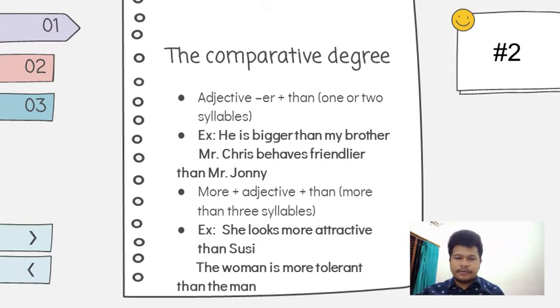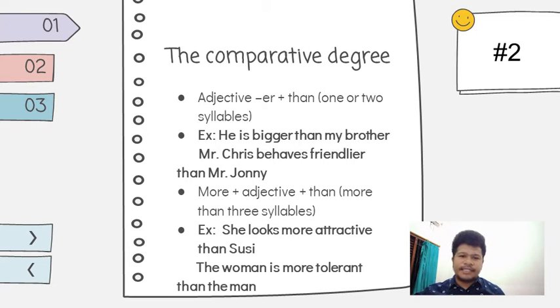And next, we go to the second degree, that is the comparative degree. So this compares two things, once again two things, and to show which has the lesser or greater degree of the quality.